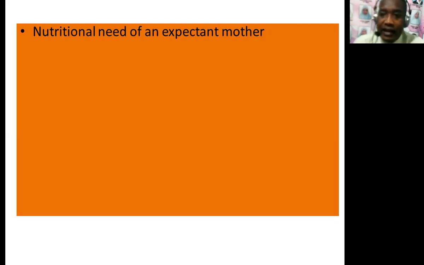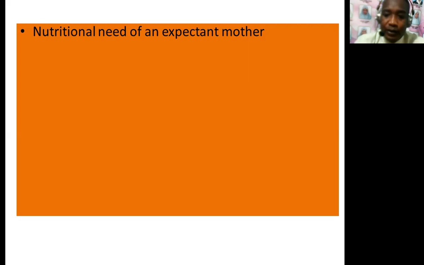Sources of iron are as follows. We have liver, kidney, meat, eggs, kales, also known as sukuma wiki, spinach, green leafy vegetables, and beans.